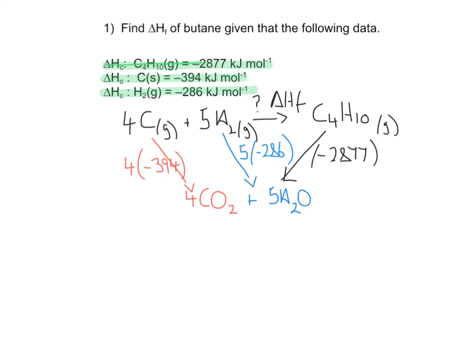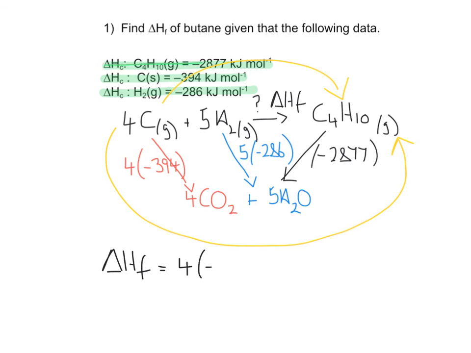Now when I go to solve, there is the direct route, there's the indirect route, the delta HF that I want to solve then will be equal to, we're going with the direction of the red arrow, so 4 times minus 394. We're going with the direction of the blue arrow, so 5 times minus 286.